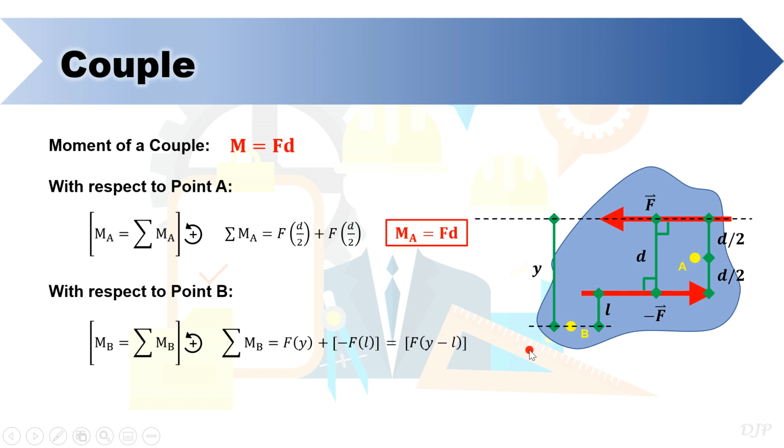Therefore, the total moment about point B is also equal to the moment about point A and to the formula of the moment of a couple. This proves that at any point on the body, the rotating effect of the couple is the same. Thus, the moment of a couple is a free vector.